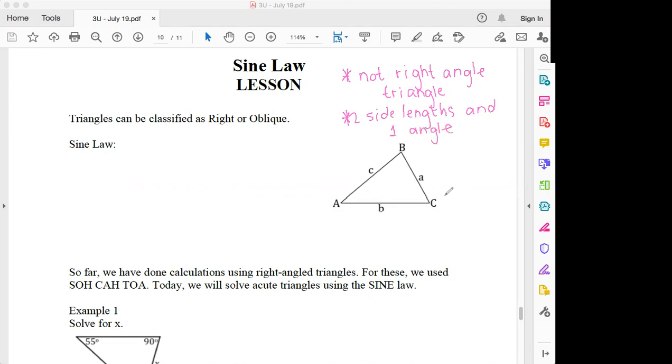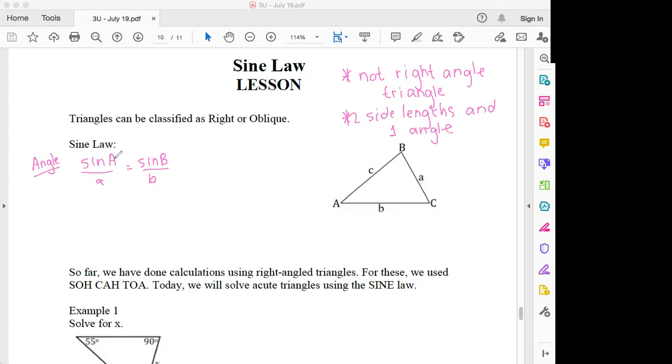We're going to see tomorrow, there's one if you have three side lengths or if you have three angles, but this is used when you have two side lengths and an angle. So the sine law, when you're looking for an angle, you would use this one: sine of A over a equals sine of B over b.